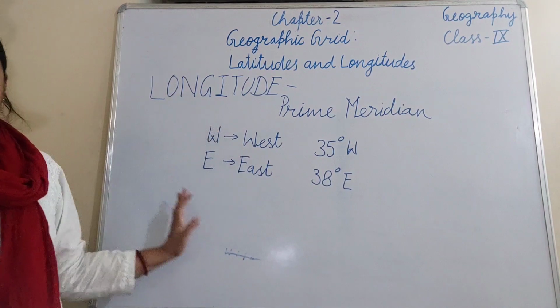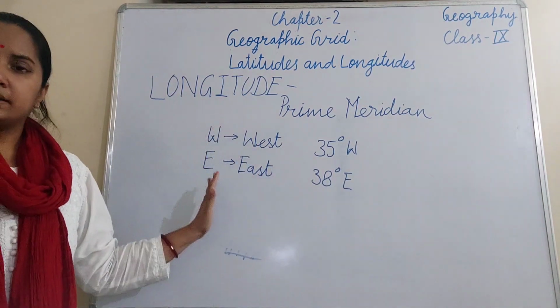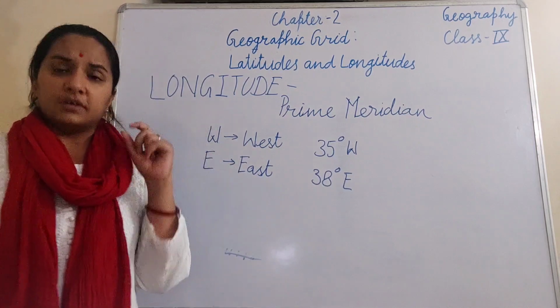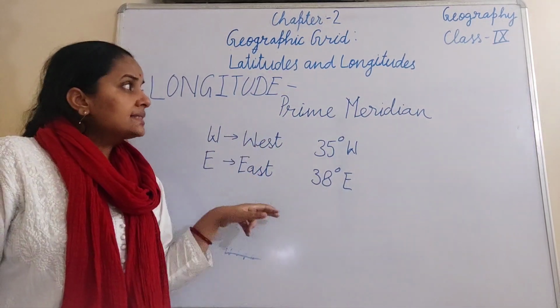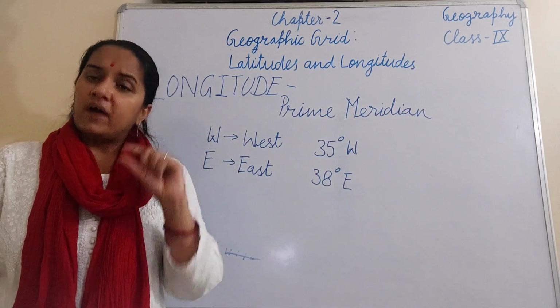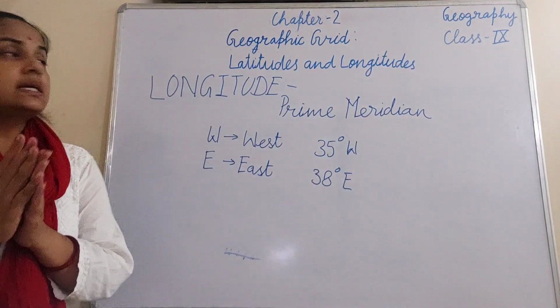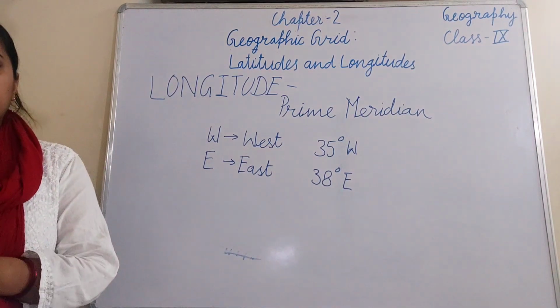Now there are a total of 360 lines. Again, it will be a circle, so the complete degrees will be 360. The lines are lying at an interval of 1 degree. So there are a total of 360 lines of longitude.